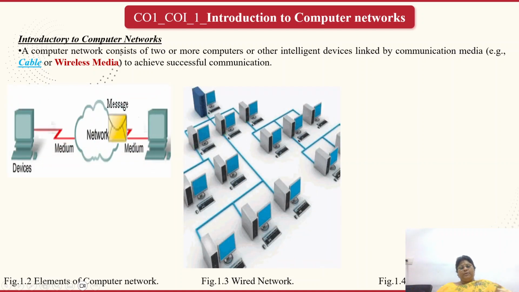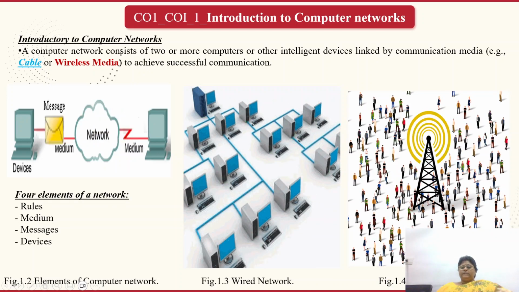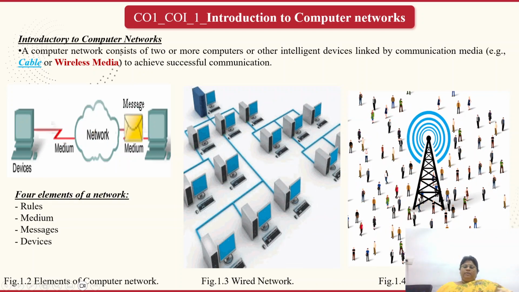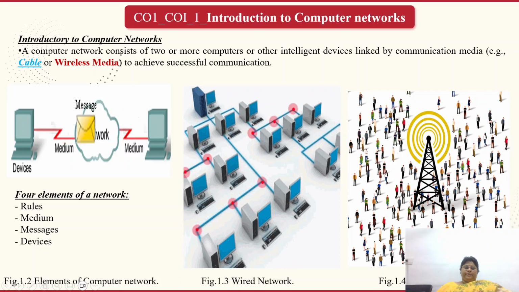As I have explained, there are two types of networks: a wired network and a wireless network. The basic example for wireless networks is the cell phone networks you are using at present, and a wired network is the LAN that we use in our laboratories.